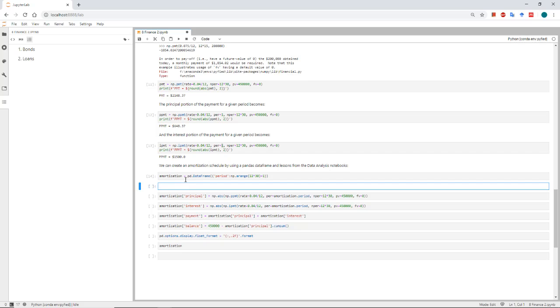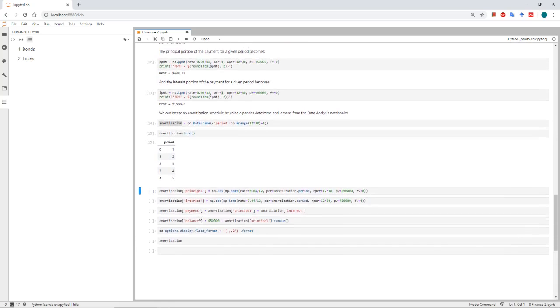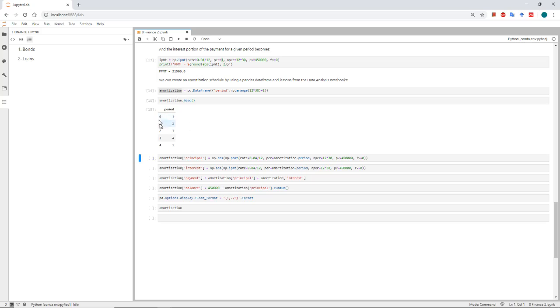Create a data frame with just one column, period, using the arange function, which is similar to Python's range function. Just going to create 1, 2, 3, 4, 5, up to 360 periods. Head will just show you the first 5 rows of a data frame. We still have an index that starts at 0, but we can ignore that for now.